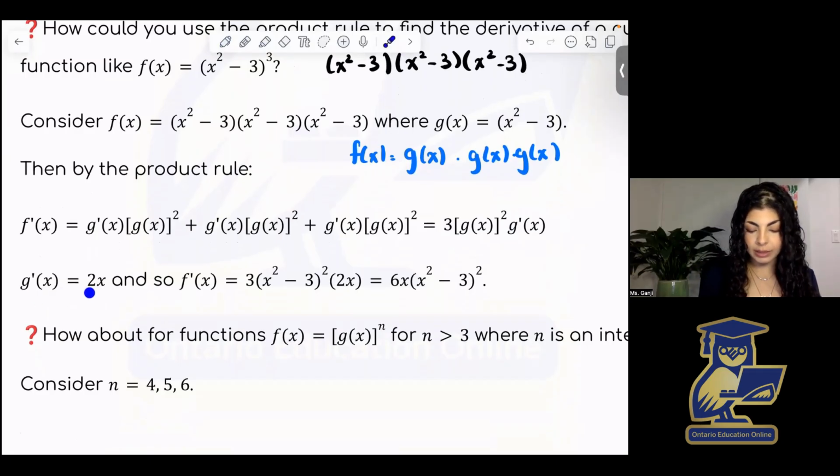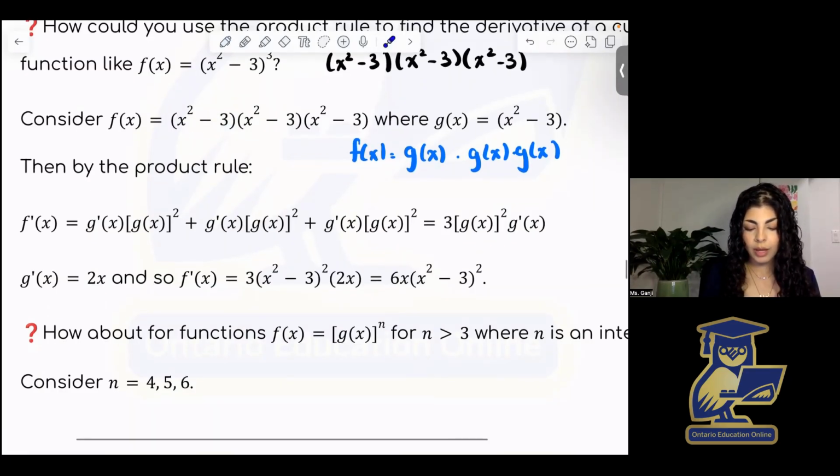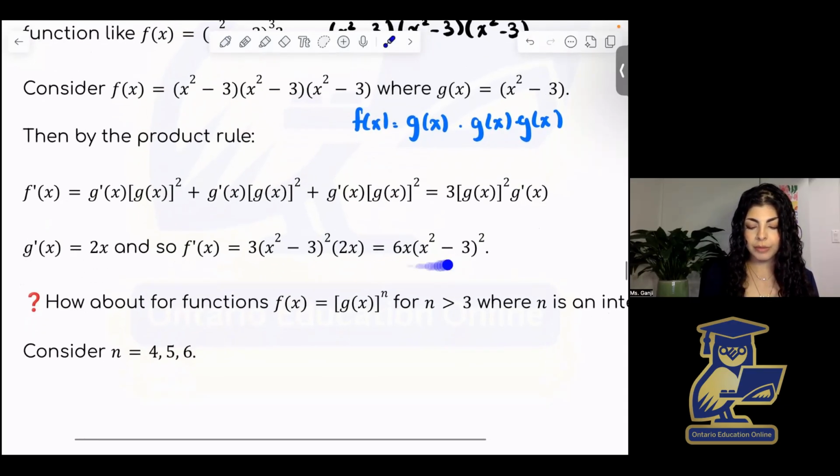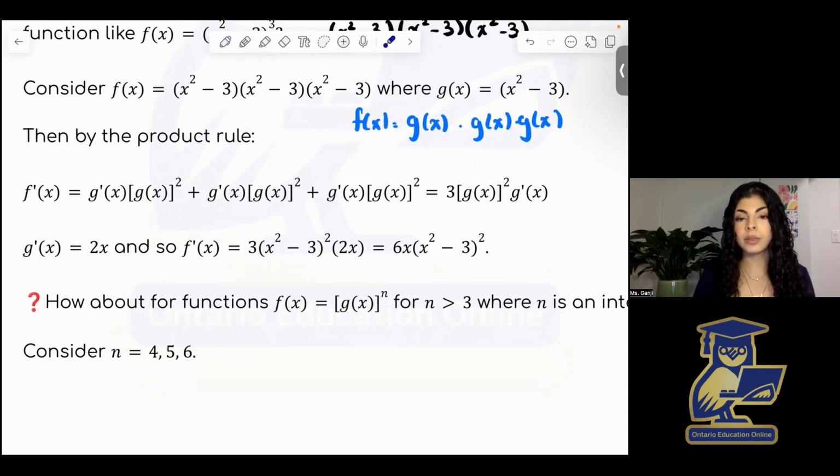And g prime of x, the derivative of g of x, is 2x. Because of x squared minus 3, we get 2x, and the 3 is just 0. And so the derivative of f of x is now 3, which is the 3 from here, just g of x itself squared, and then the 2x there. And if we simplify, we get 6x times x squared minus 3 squared.